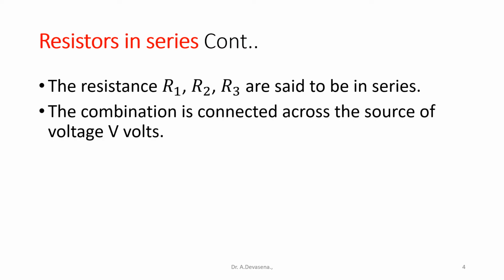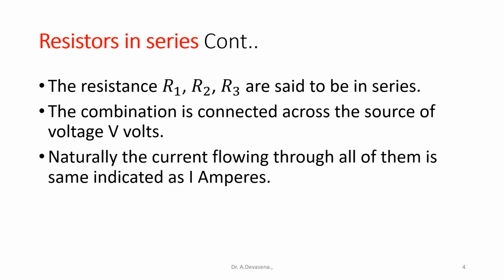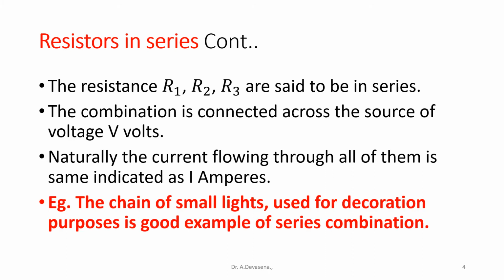The combination is connected across the source voltage V volts. Naturally, the current flowing through all of them is same, indicated as I amps. Example, the chain of small lights used for decoration purposes is good example of series combination.